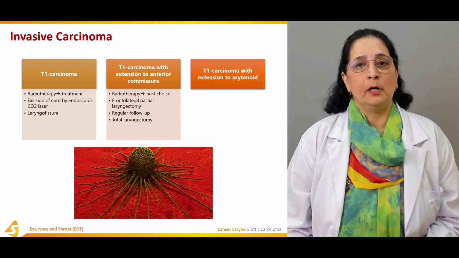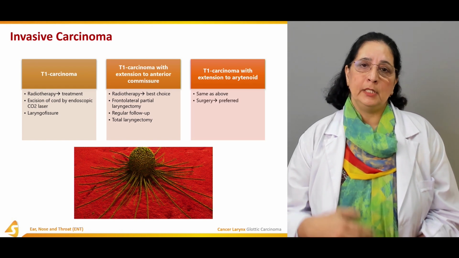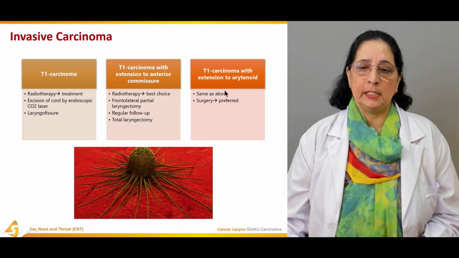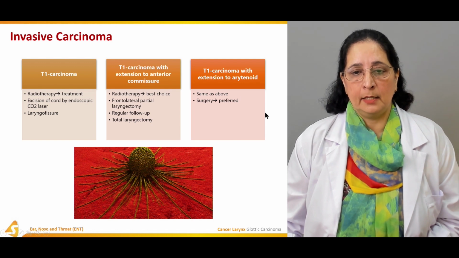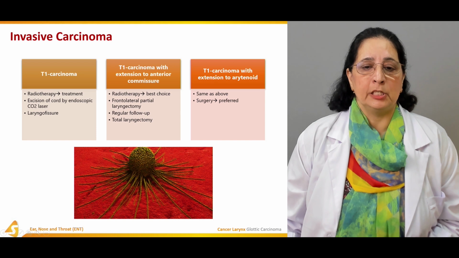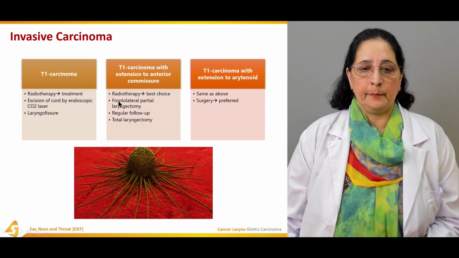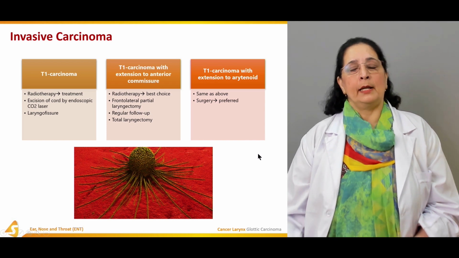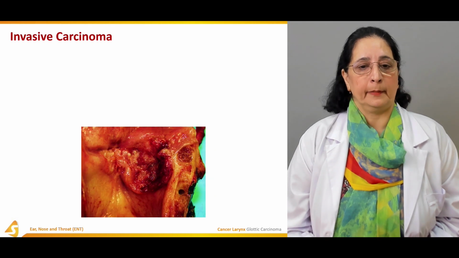For T1 carcinoma with extension to the arytenoid, we should do the same treatment as for the anterior commissure, and surgery is preferred in carcinoma that has invaded the arytenoid. So for anterior commissure: radiotherapy, frontolateral partial laryngectomy, follow-up, and if not, then we should go for total laryngectomy.